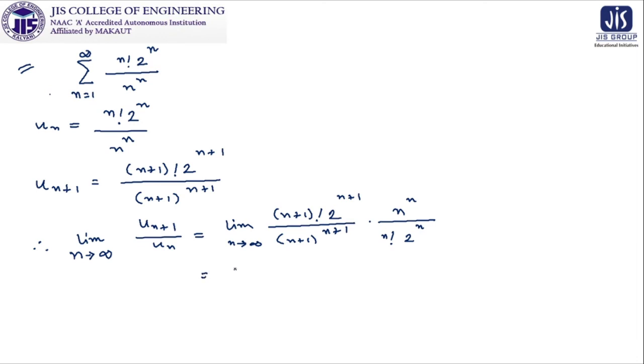So after making the simplification, what we get is 2 to the power n plus 1 and 2 to the power n, so it will be 2, then 1 plus 1 by n whole to the power n, which is nothing but 2 by e, because limit n tends to infinity 1 plus 1 by n whole to the power n is e.